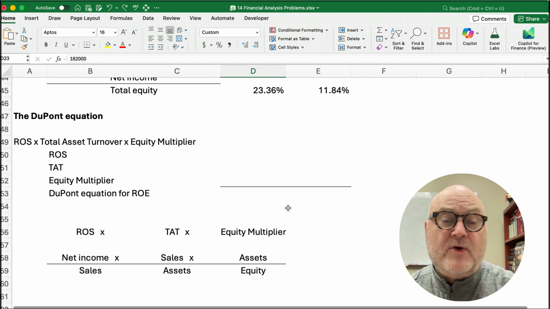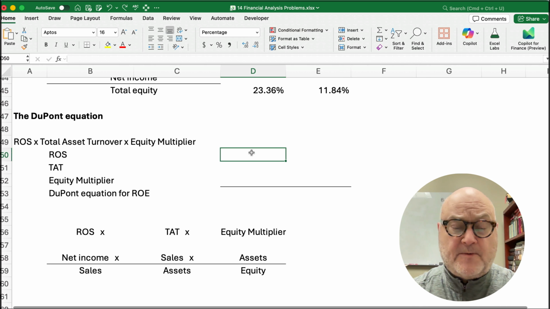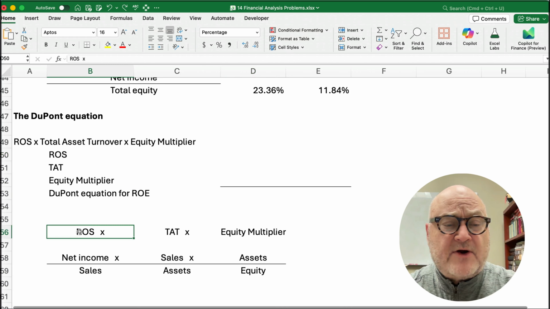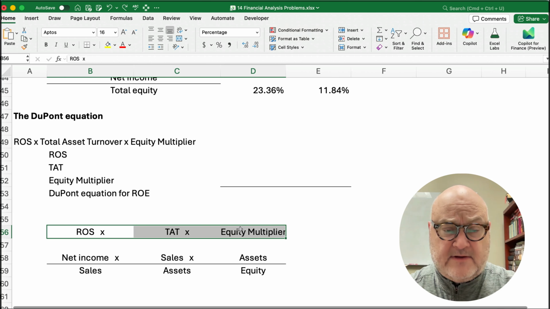So let's do that real quickly, and I'll go in depth more in the next video, but we're going to take return on sales times total asset turnover times equity multiplier.